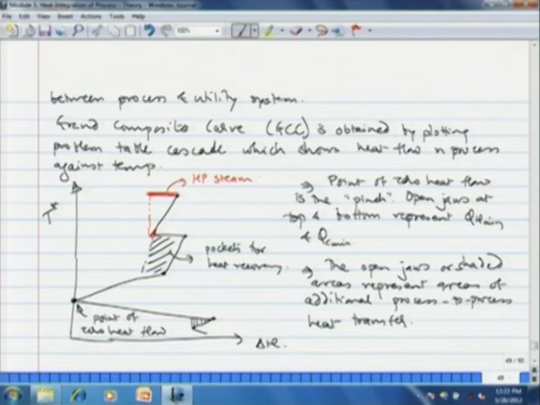The grand composite curve with two levels of saturated steam as hot utility. The low pressure steam, high pressure steam being desuperheated by injection of boiler fed water after pressure reduction to maintain saturated condition. So this is a region of HP steam generation, the open jaws that have heat pockets for heat recovery. So this is a probable area for generation of high pressure steam.